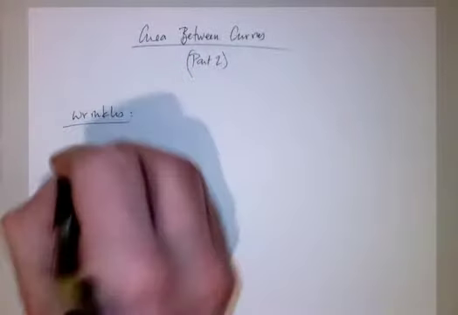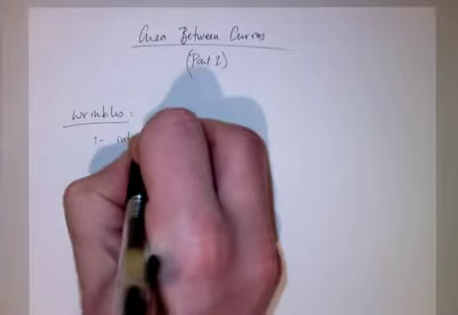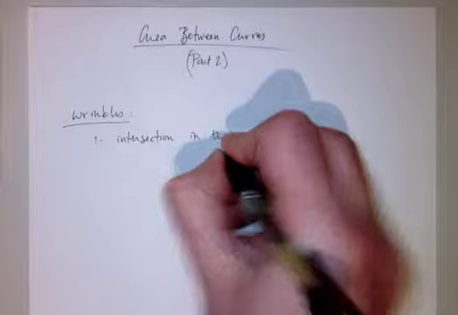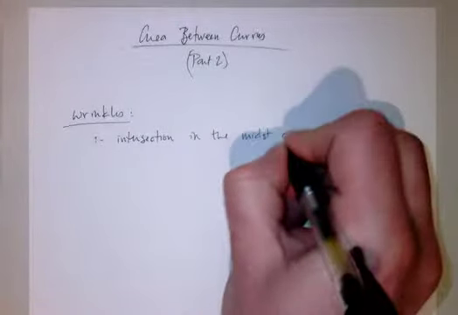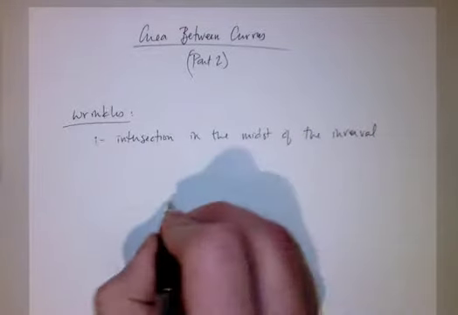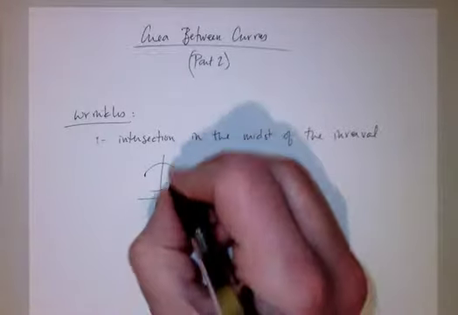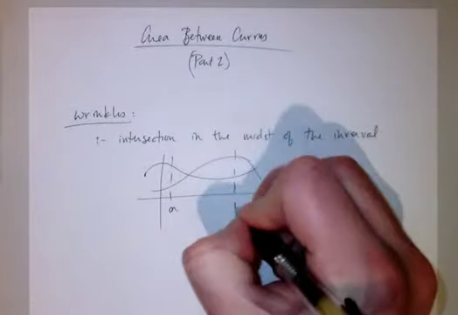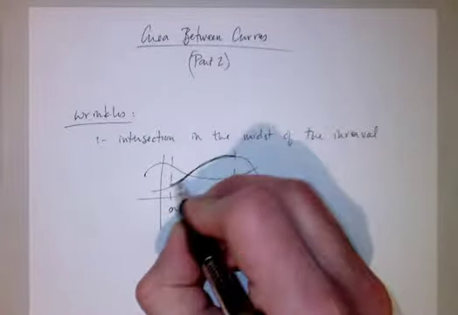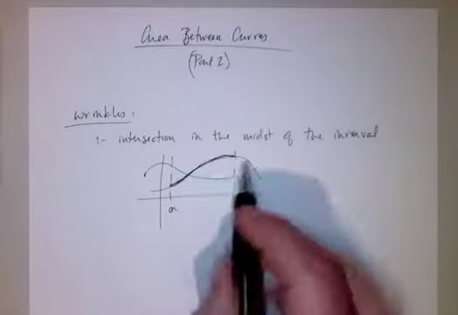The wrinkles are, one, sometimes there is an intersection in the midst of the interval. What I mean by that is you want to go from A to B, and this curve is underneath the other one for the first part of the interval, but on top, being the more positive one, on the second part of the interval.